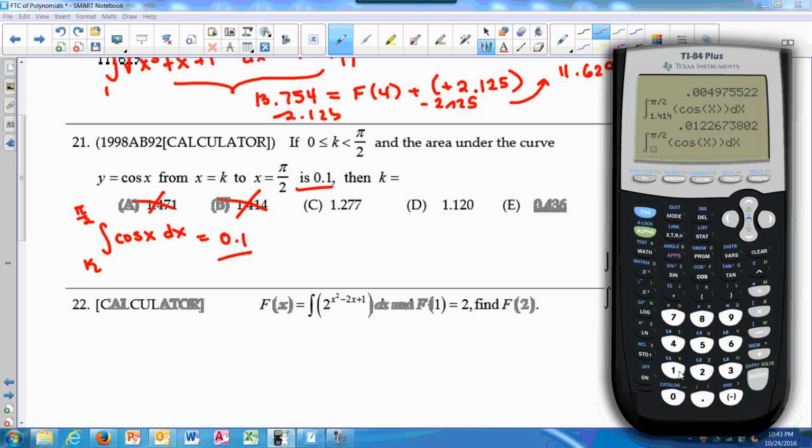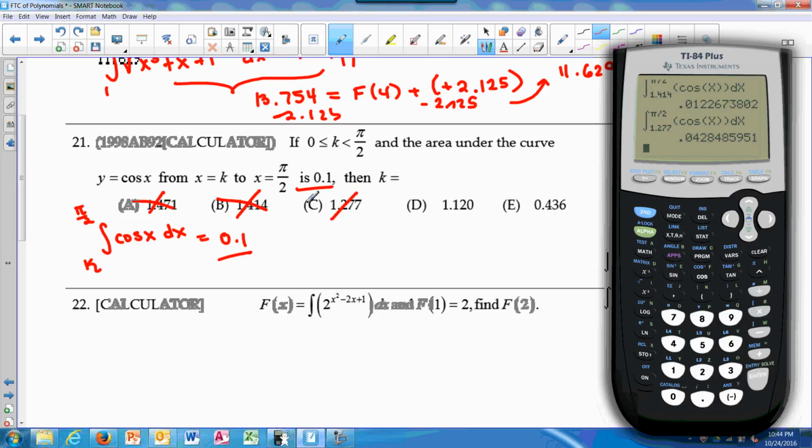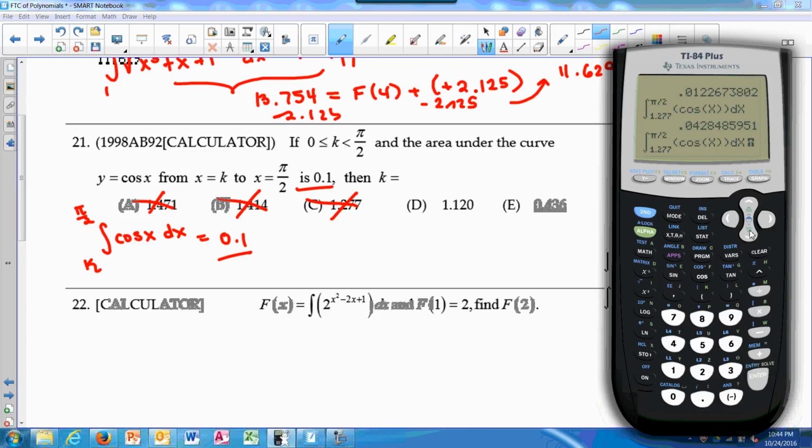And try 1.277. This time I got 0.043. Well, that's not correct either. So I'm going to try again. Copy, second left, move to highlight the part that I want to clear, and use 1.120.